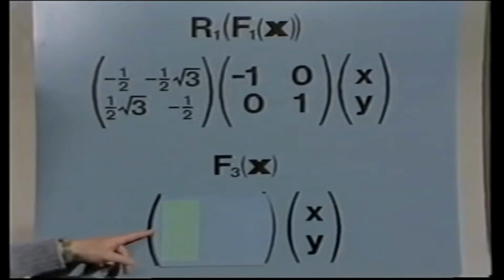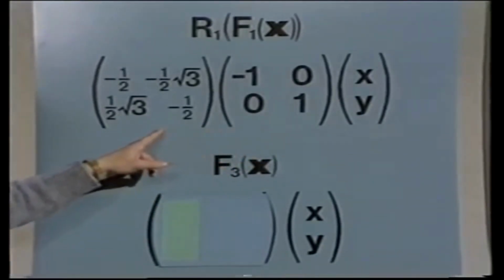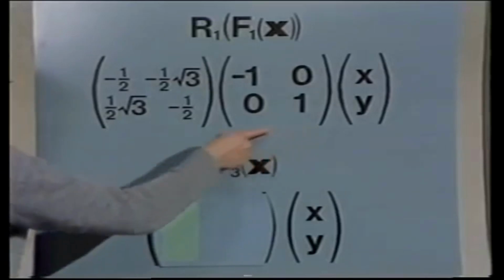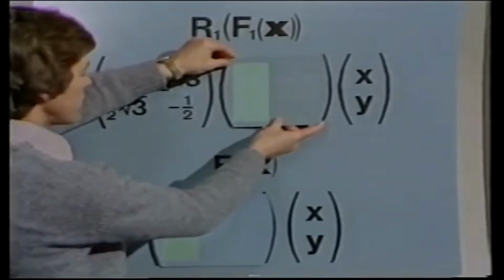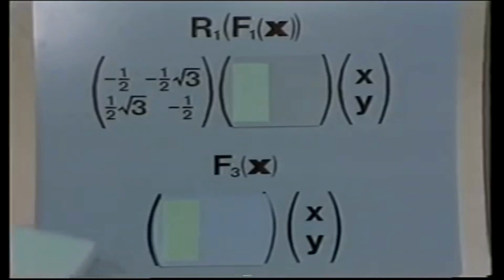So if we follow through what happens to the first basis vector under these two transformations, we'll be able to find out how to calculate that column. Well, what happens to the first basis vector under the first symmetry? It just gets mapped to the first column of that matrix. And how do we work out what happens to that vector under the second transformation?